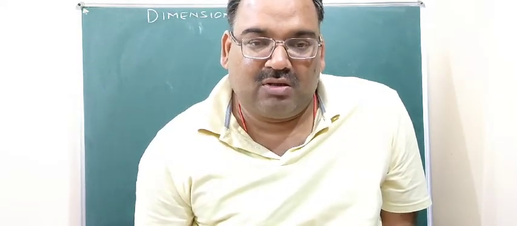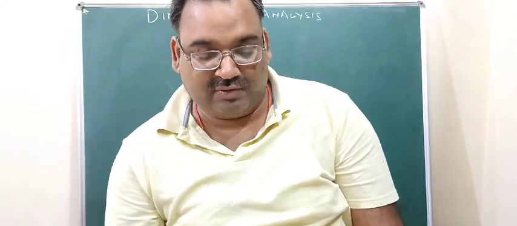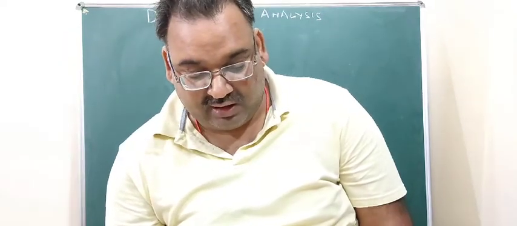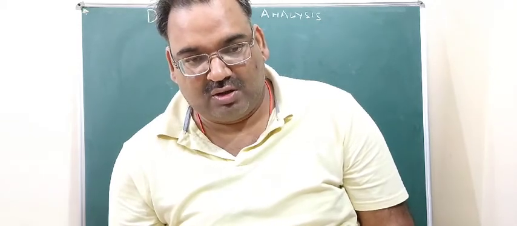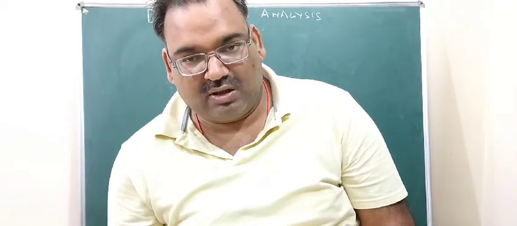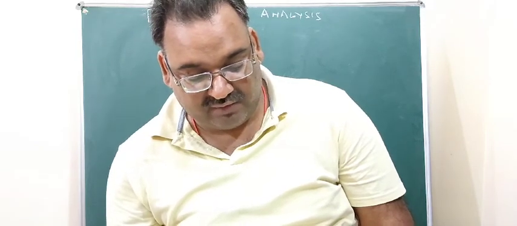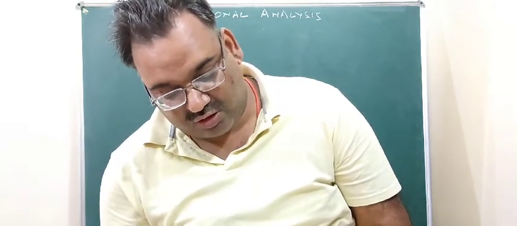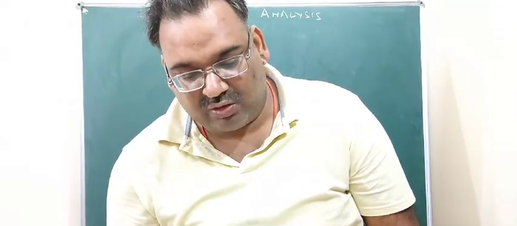These powers are known as dimensions. The dimensions of a physical quantity are the powers to which the fundamental units are raised in order to obtain the derived unit of that quantity.